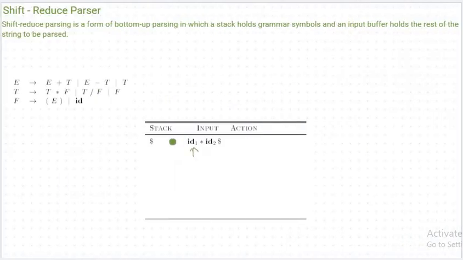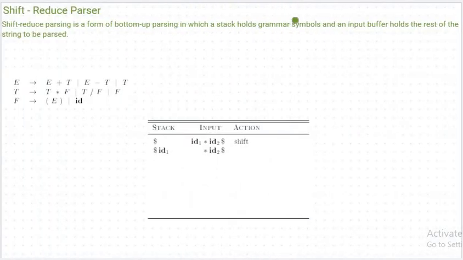So when we do this, if the current pointing symbol is a terminal, you can just push it, right? Yes, fine. Now you just shifted it. Once after shifting, what is your current symbol now? You have star here.